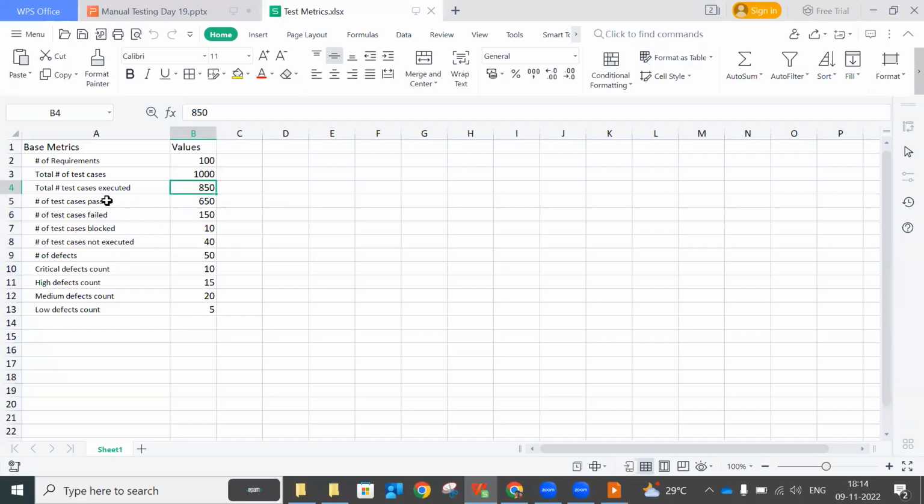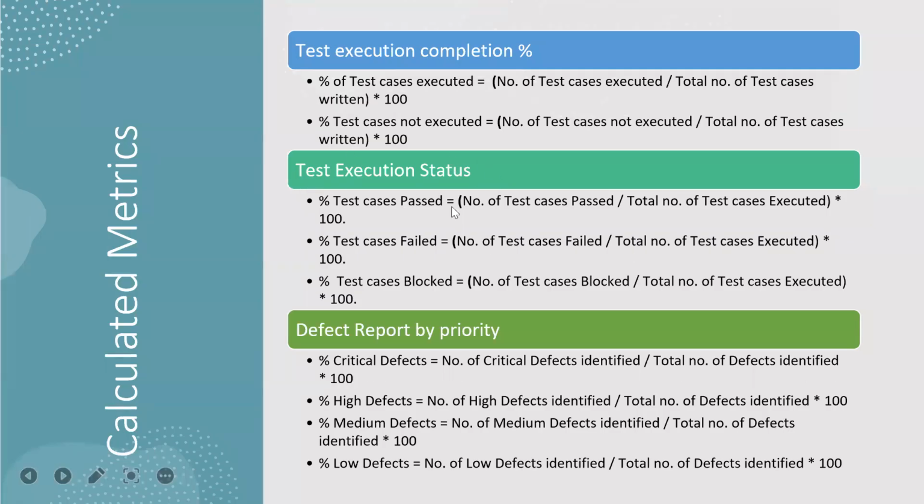So the pass percentage would be 650 by 850 into 100. Similarly, the failed percentage would be 150 by 850 into 100, and the blocked would be 10 by 850 into 100. So this is going to be your execution status.